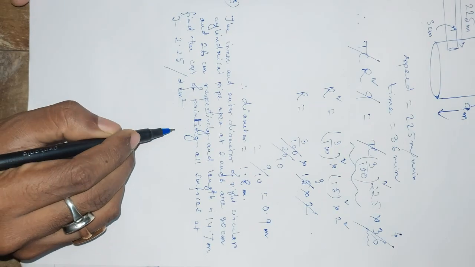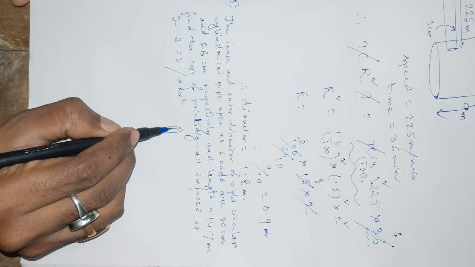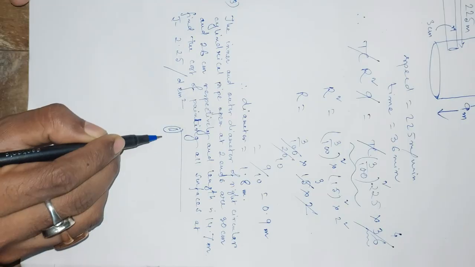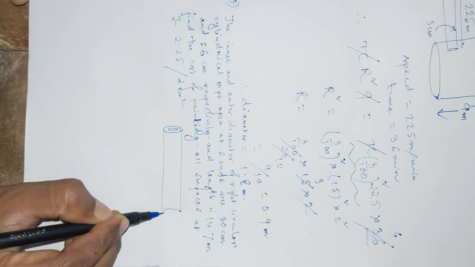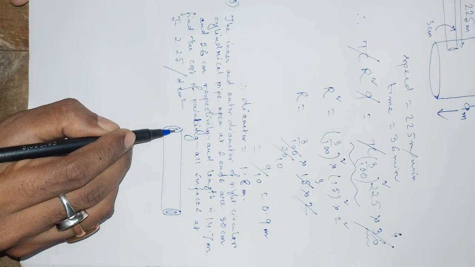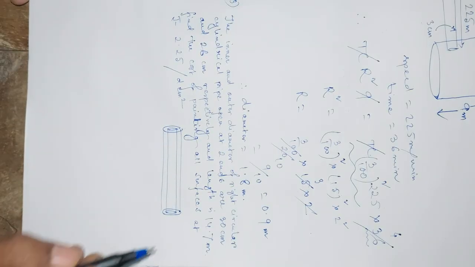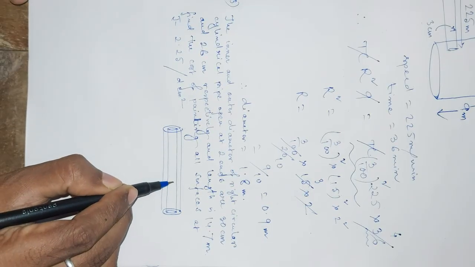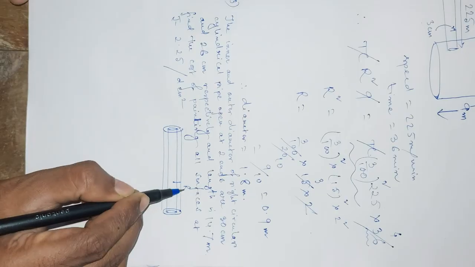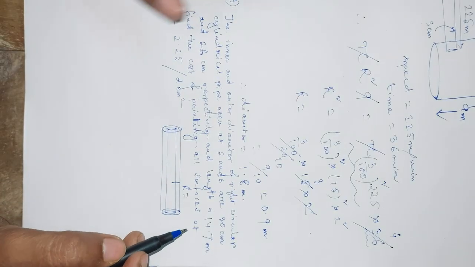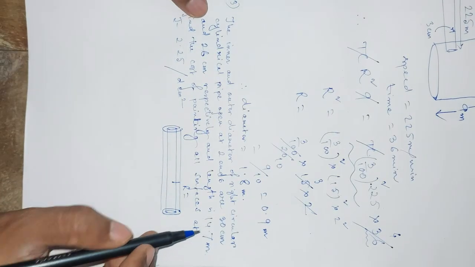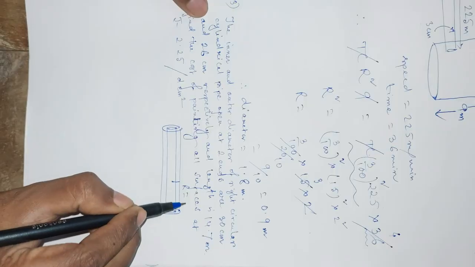So the pipe looks like this. The outer radius is equal to 15 centimeter.